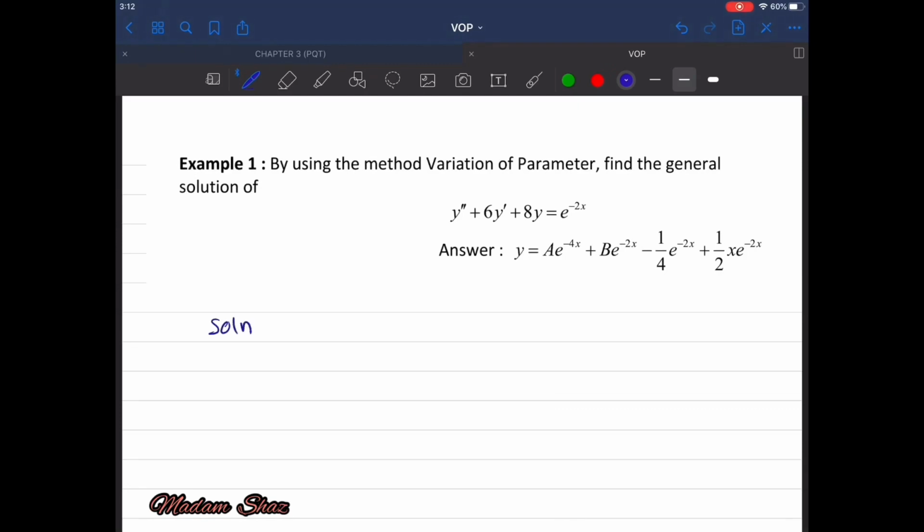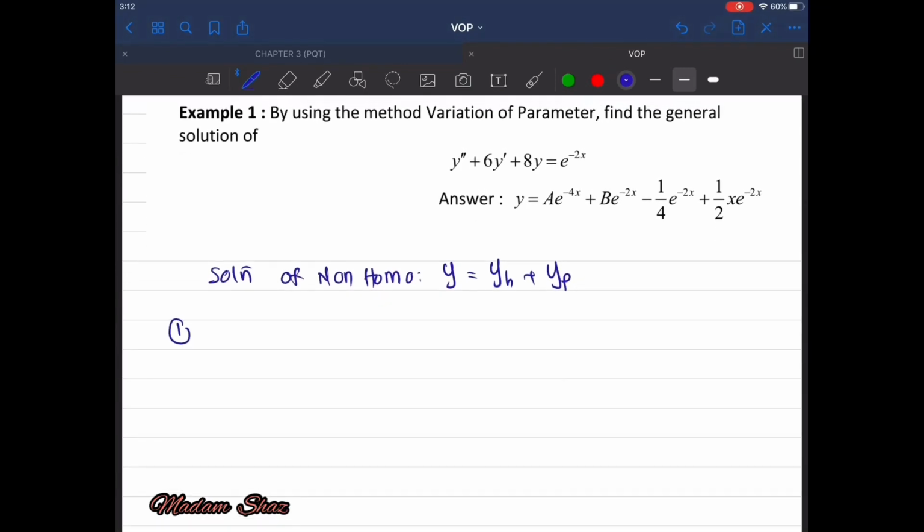We have known that the solution of non-homogeneous is y equal to yh plus yp. So the first step is to solve for yh. It is the same technique that you applied in undetermined coefficient.